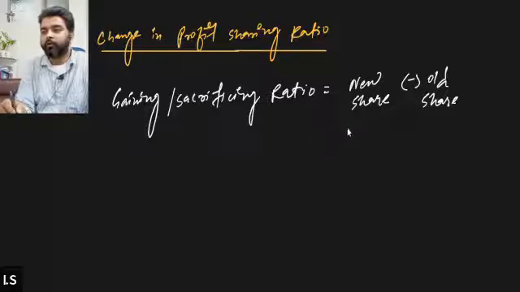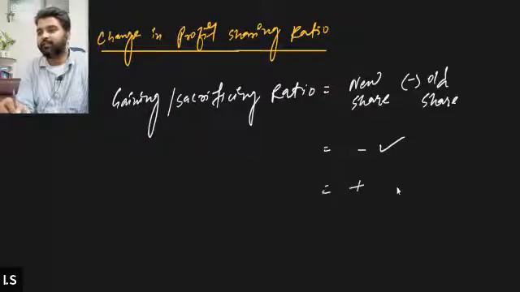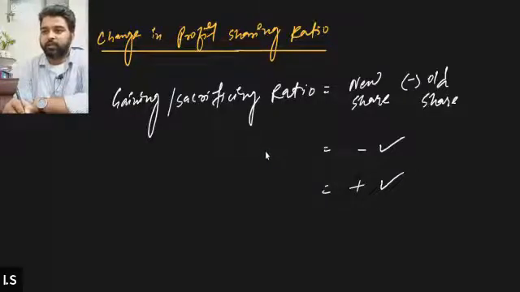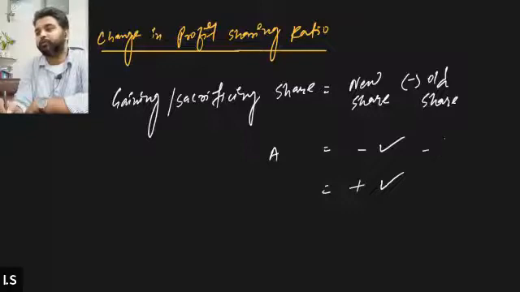Always remember that when you apply this formula, if you are getting a negative value, that means such partner is sacrificing. If we are getting a positive value, that means such partner is gaining. Let's suppose we have calculated the sacrificing share of partner A, and we got -2/3.